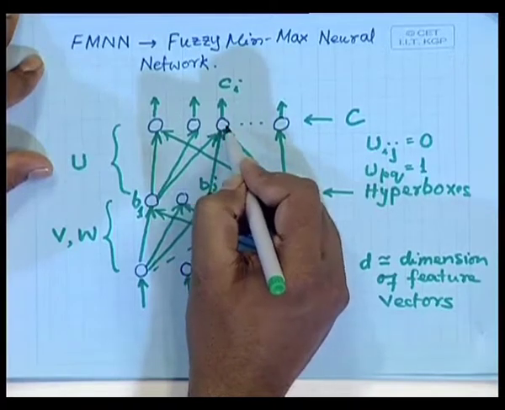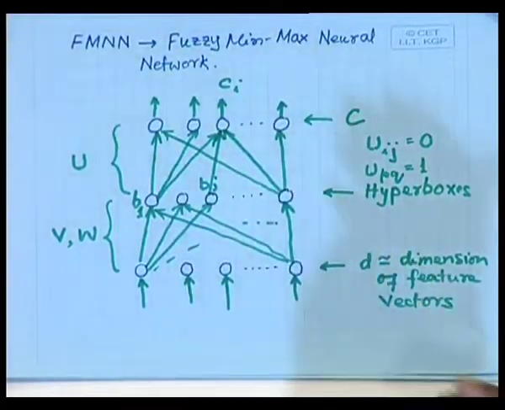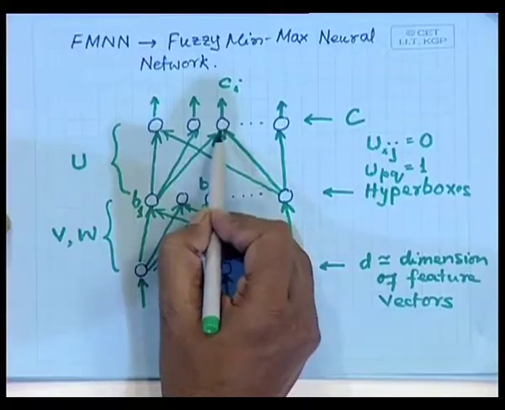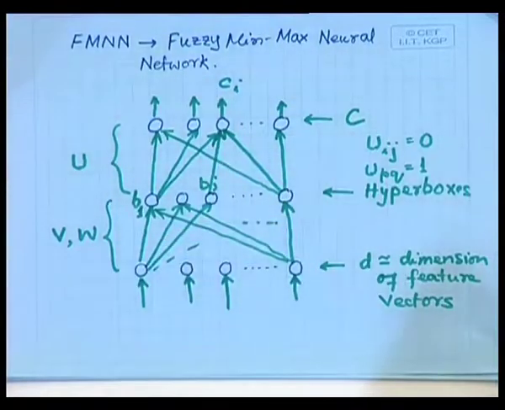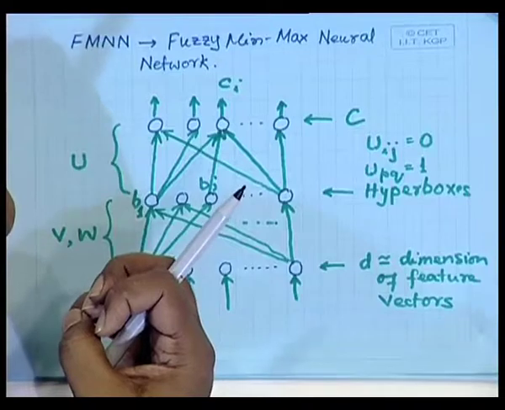So this node C_i gets membership values from different nodes in the hidden layer. The responsibility of C_i is to make a fuzzy union of all these membership values, and this fuzzy union is nothing but a max operation.